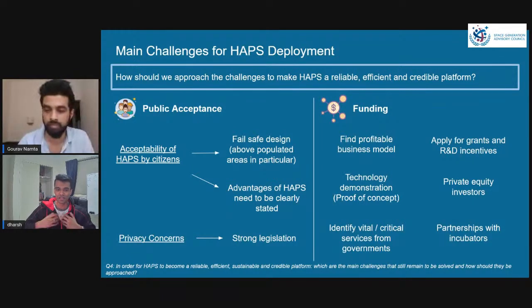And really working with the customer, working with the public, working with citizens becomes quite important to make sure acceptability of the HAPS platform is, we actually do get that. And that includes just communication exercises. That includes showing them that it can actually produce the results we actually want. But that will always be a bit of a challenge, but that is something that we can actually work through. After all, we've gone a long way in the space race since 1960s.